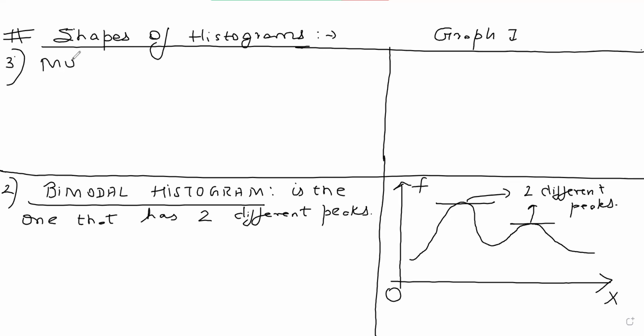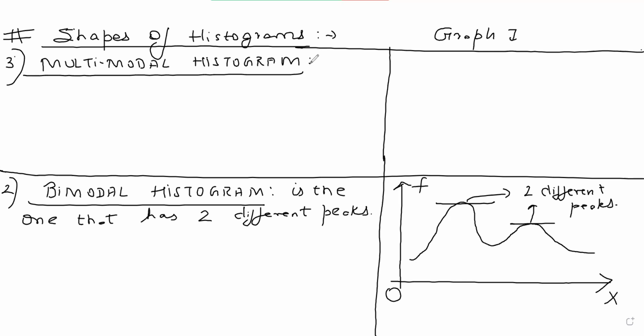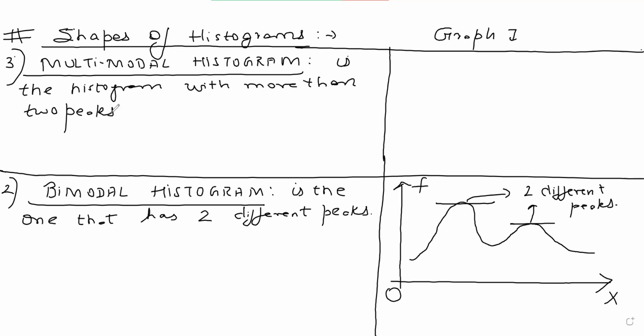A multimodal histogram is a histogram with more than two peaks.